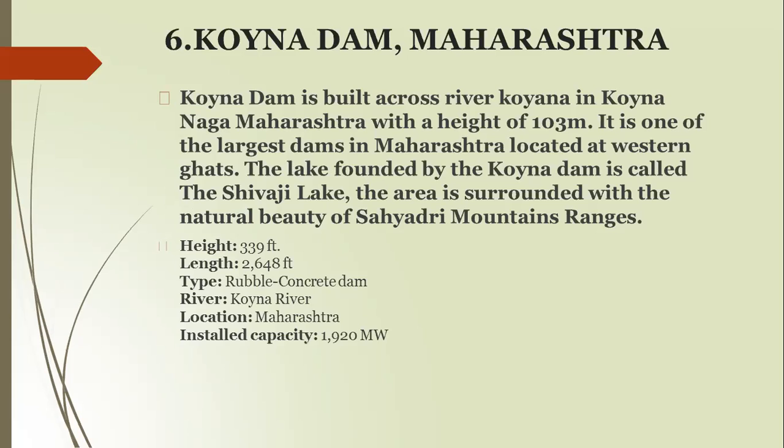It's located on the Sahyadri Ghats, that is Western Ghat, and the reservoir we call the Shiv Sagar Lake. And it is what we call the lifeline of West Maharashtra, because the hydropower capacity of this dam is huge, very huge, just like the thermal power plants.